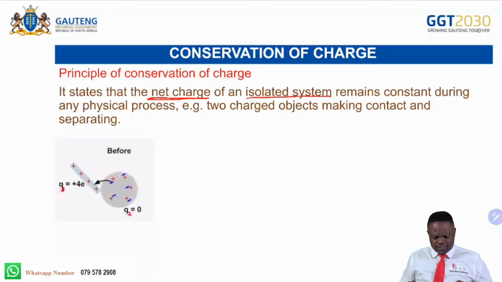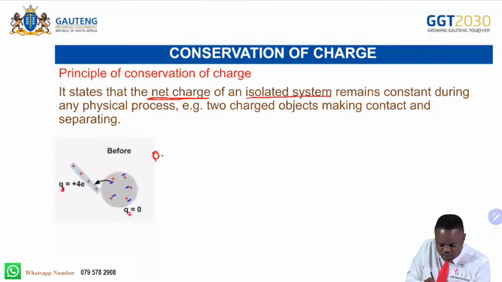So we're saying the net charge of these two, if this is an isolated system, which I'll call Q, will be equal to the sum, that is Q1 plus Q2. So that will be +4 plus 0, and that gives us a net charge of +4.